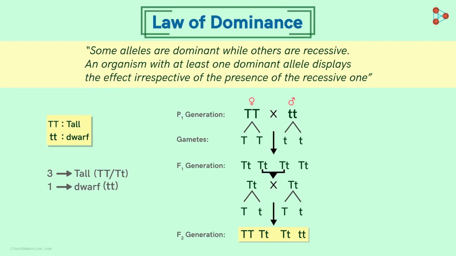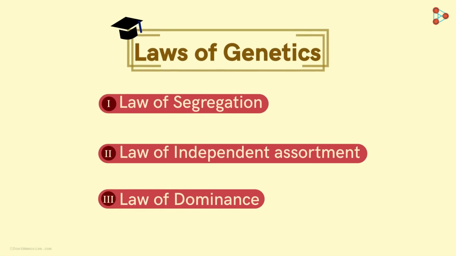So as we can see here, these 3 plants are tall because they contain the allele T for tall trait. This one has both the dominant alleles and these 2 have one allele for the dominant trait. Its presence masks or suppresses the effect of the recessive allele. So this was about the third law of genetics called the law of dominance.